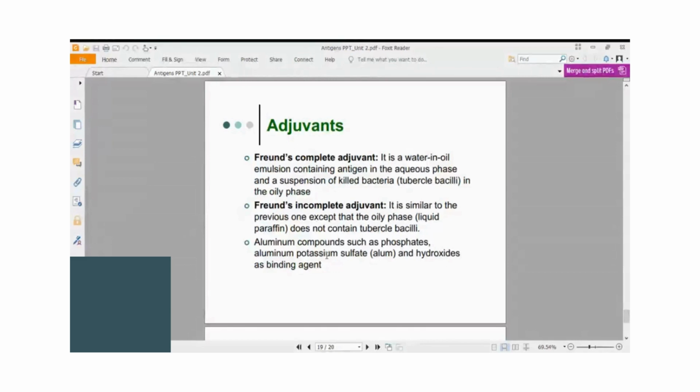The antigen gets coated over them, and then you administer this particulate adjuvant to the individual once again through subcutaneous or intradermal or intramuscular route. And this vaccine is also not administered intranasal or oral or intravenous. Okay, these adjuvants, when they are used, they have to be administered only through the routes that I mentioned.